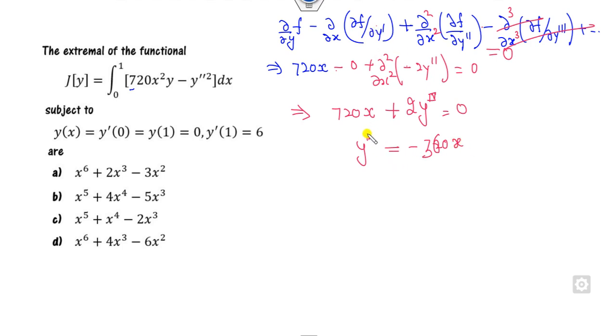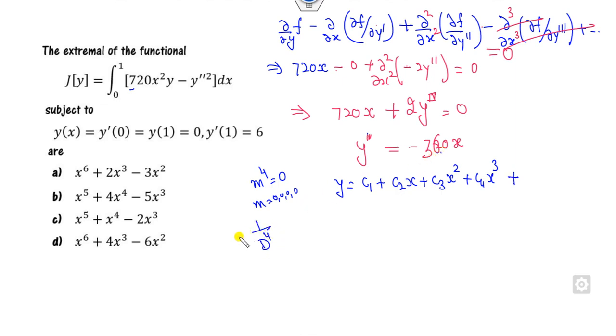This is a simple ordinary differential equation. So it will be m4 is 0, m will be 0, 0, 0, 0. So solution will be c1, c2x, c3x square, c4x cube plus, how can you find the particular solution? This is m4 minus 360 of x. You can take the 4 times integration of this.